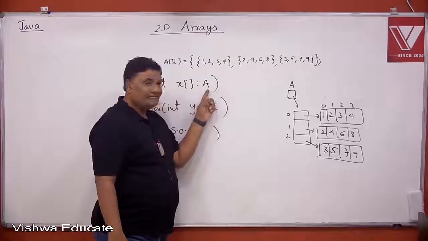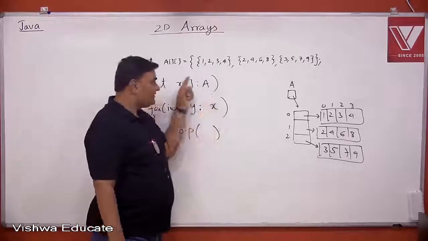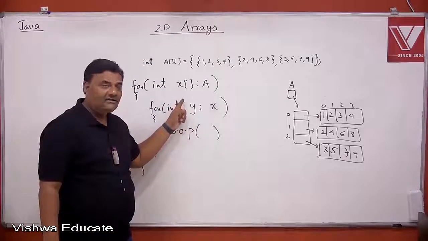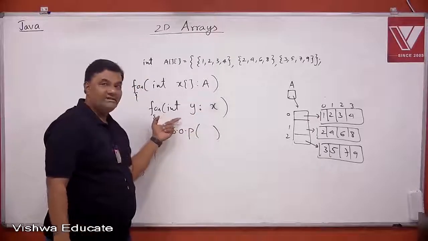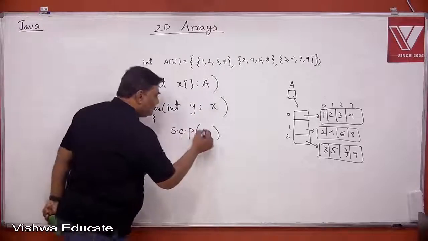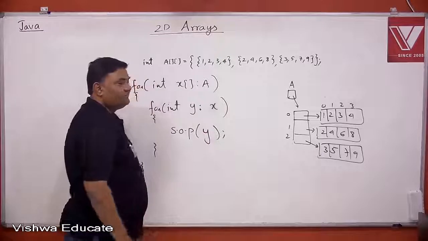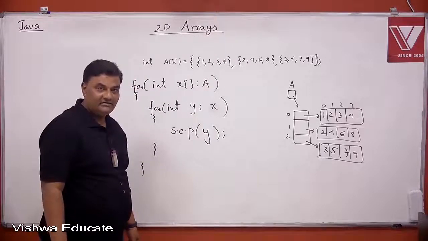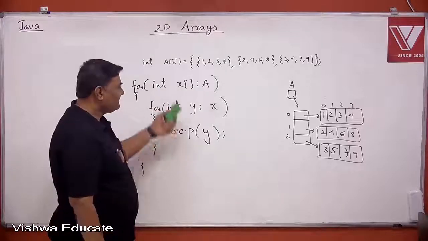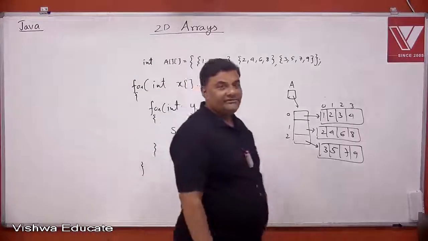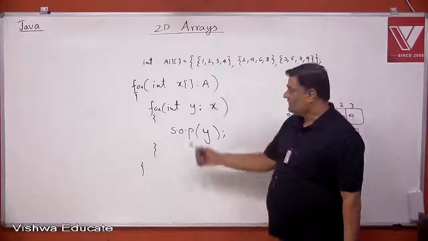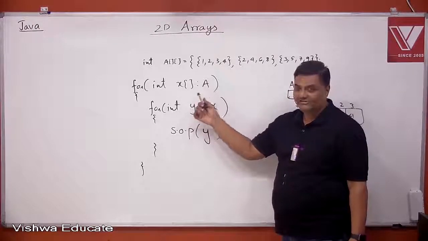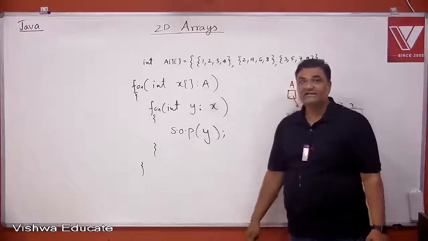But now it is a two-dimensional array, so this is 2D and the element should be 1D. Then this is 1D, so now y is the actual element. So you print y, and this will print all the elements of the 2D array. This is how we access using a for each loop. The first one should be a reference type, that is a single dimension reference type, and the second one is the element type.